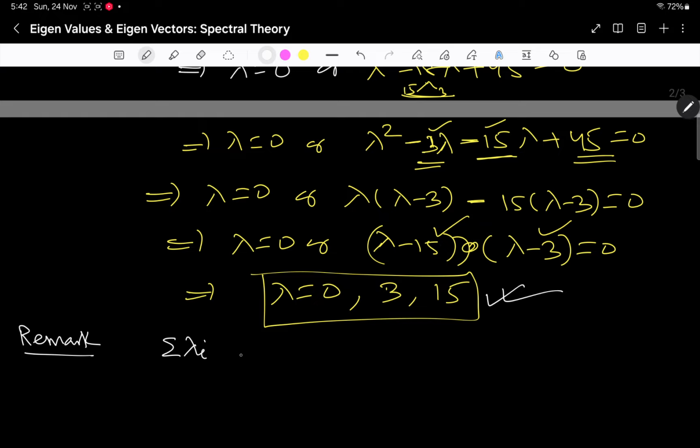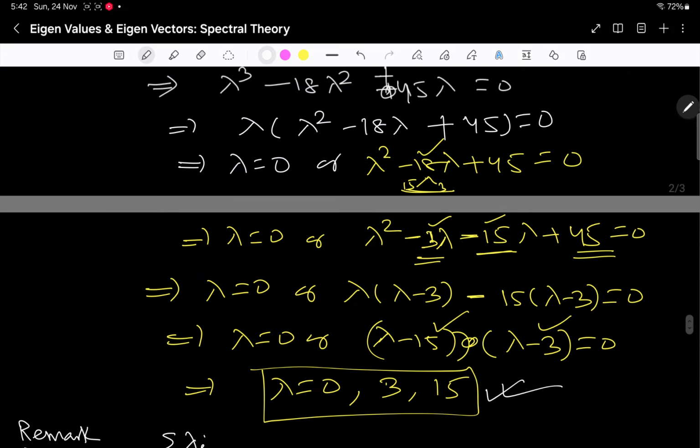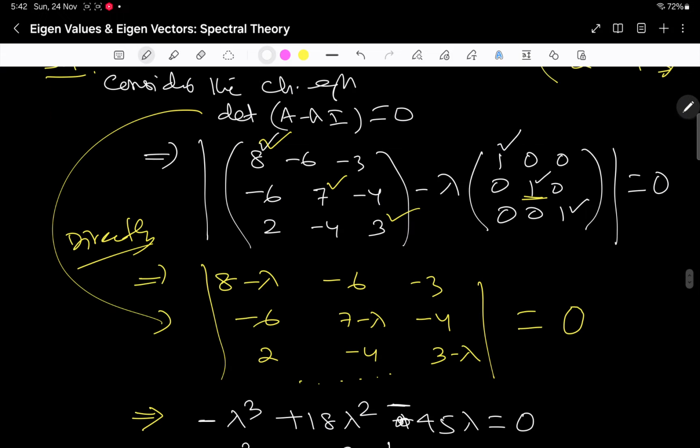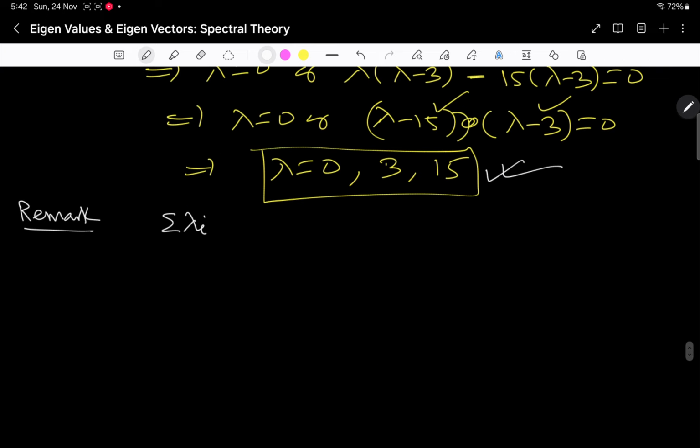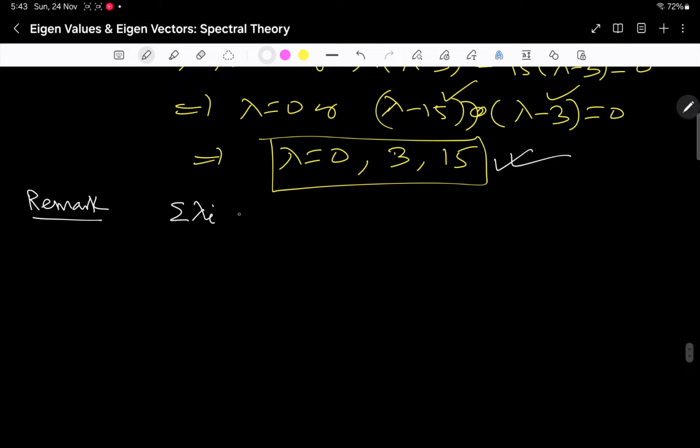If you add them, this is 0 plus 3 plus 15, it is 18, and it must be the trace of the matrix. The trace of the matrix is the sum of the diagonal elements: 8 plus 7, 15, plus 3, 18. So if you add all these, it is the trace of the given matrix.